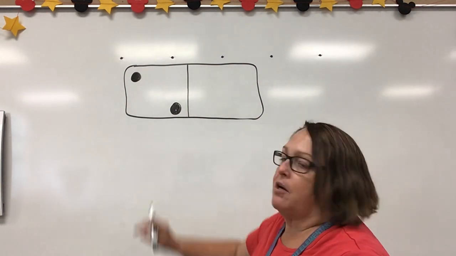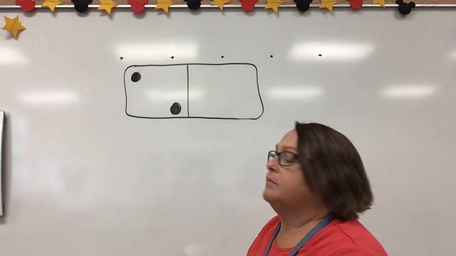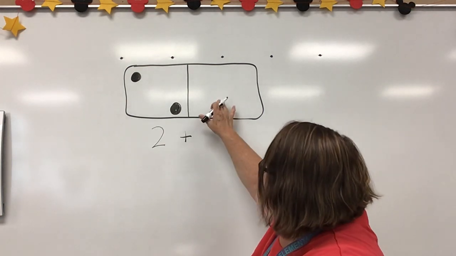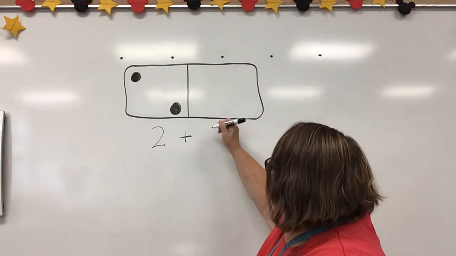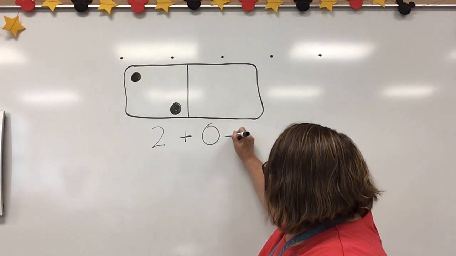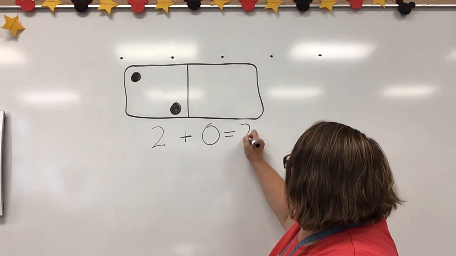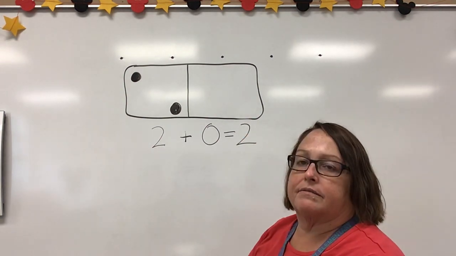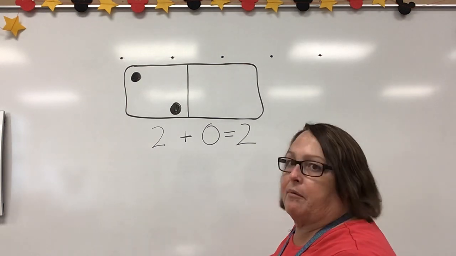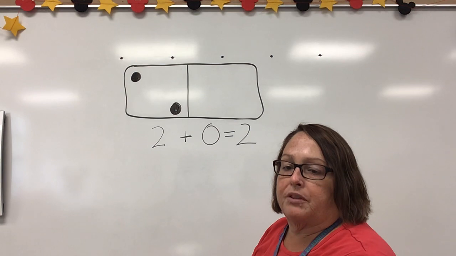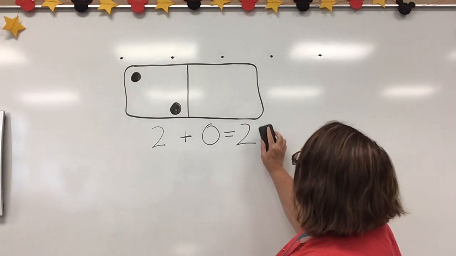How many dots in this part? 2. Plus 0. The whole domino has 2 dots. What if I take that domino and flip it around, like I did with the very first one we did?